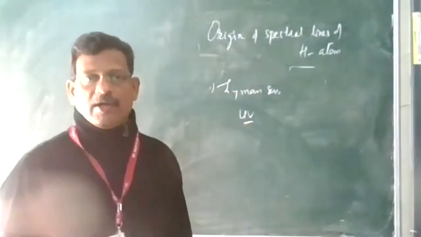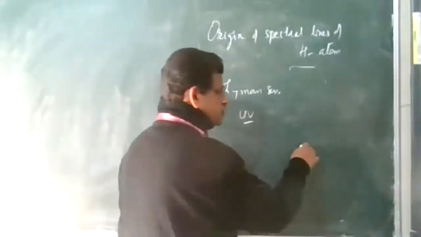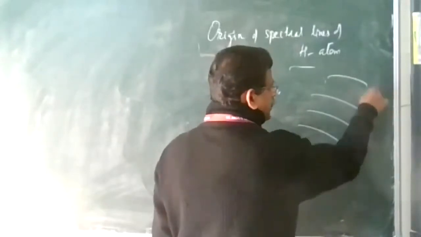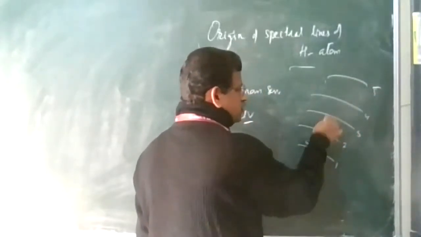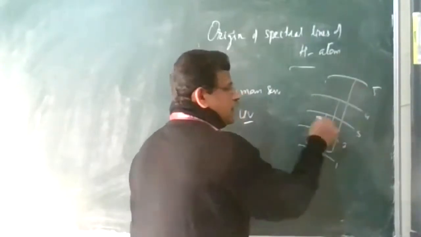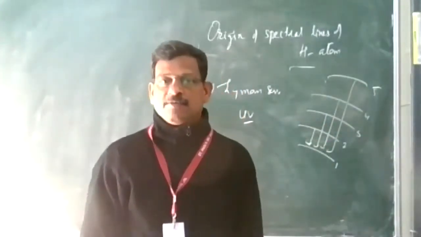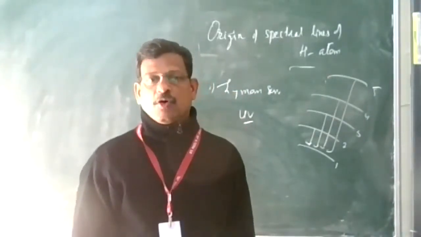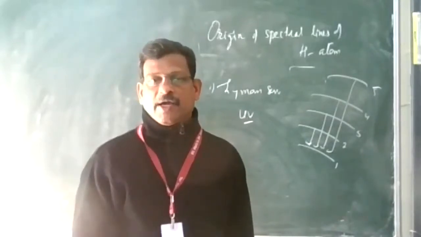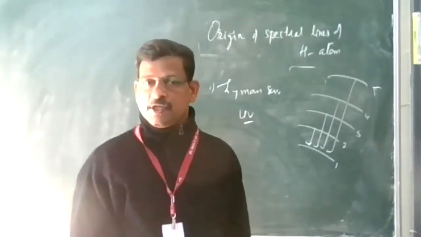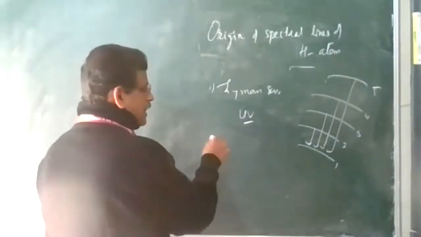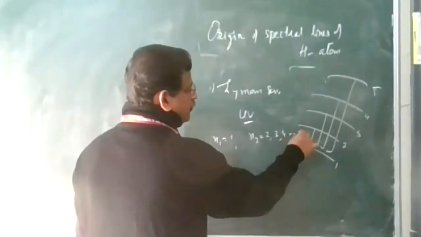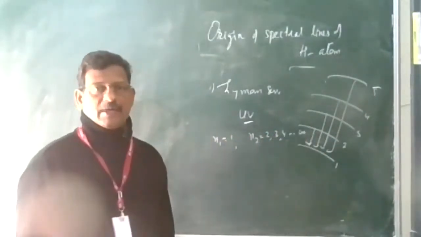We get a set of wavelengths when an electron jumps to the first orbit from any higher orbit, 2, 3, 4, 5, etc. When it comes from second to first, third to first, fourth to first, any outer orbit to the inner orbit after an excitation, all these wavelengths lie in what is called the Lyman series. So this kind of series is obtained when n1 is equal to 1, n2 is equal to 2, 3, 4, etc. up to infinity. This is the Lyman series.